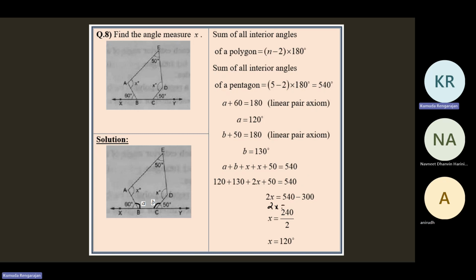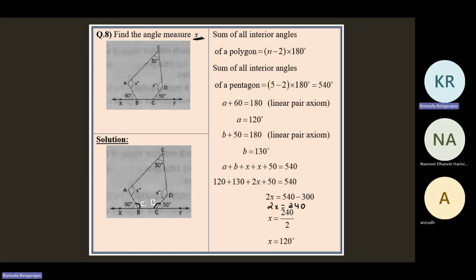X is 120. That's the question: find the angle measure X. So X is 120 degrees.